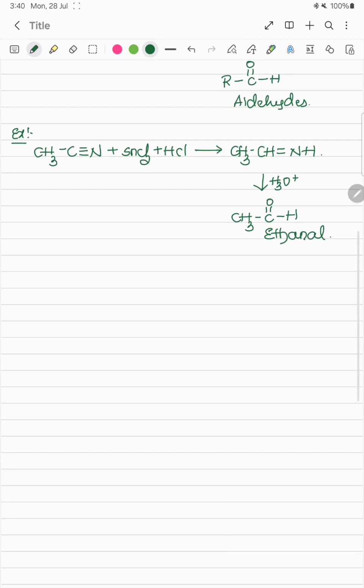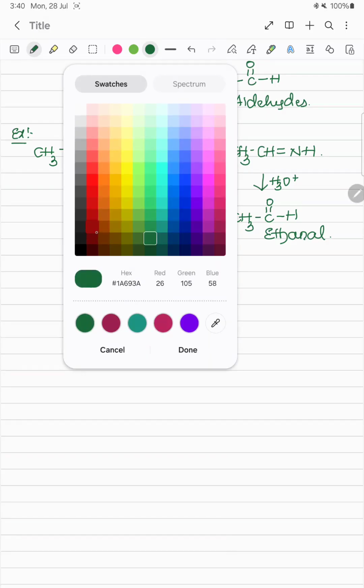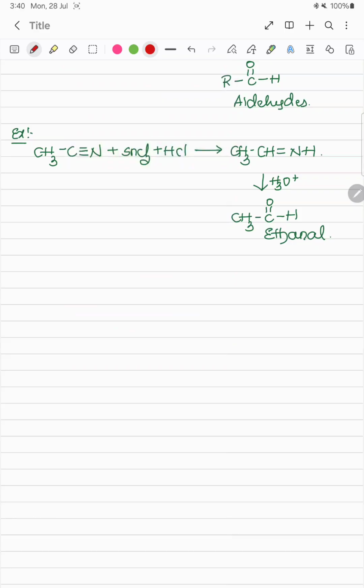When you study Stephen's reduction reaction, there is one important point to be noted down, which is going to be very, very important over here. Suppose I take a compound containing different multiple bonds, like a double bond and a triple bond. You can notice over here, specifically this example you need to concentrate on more.